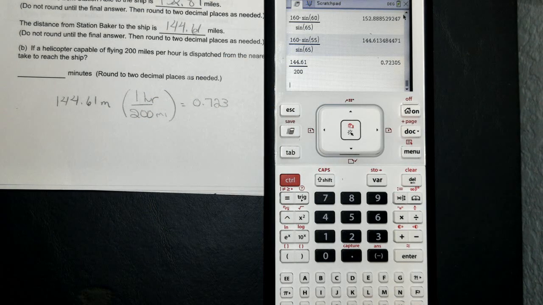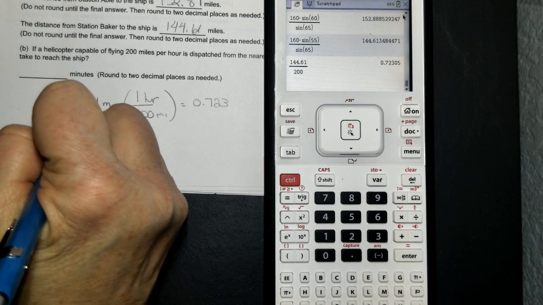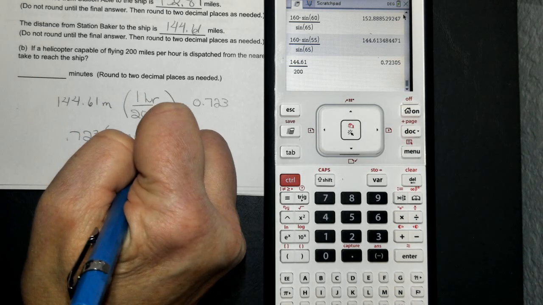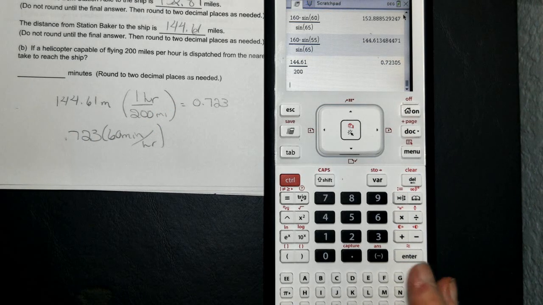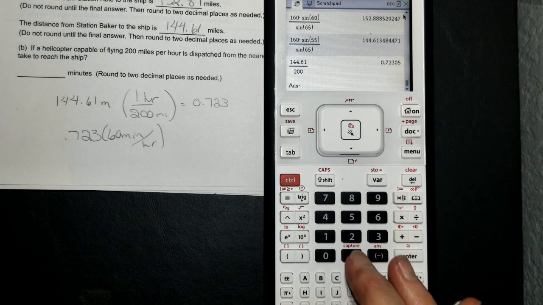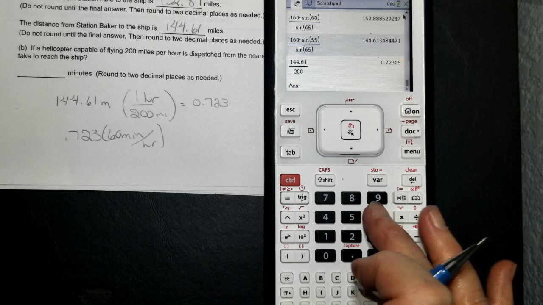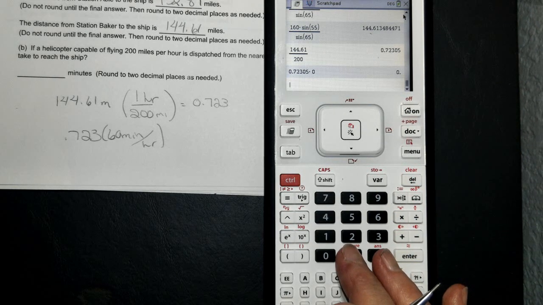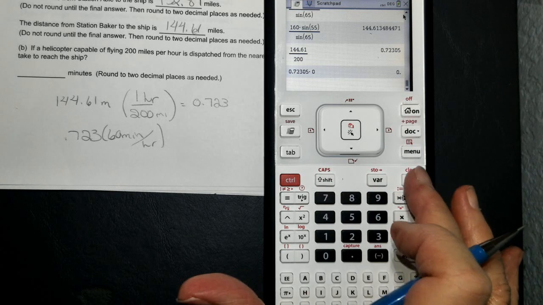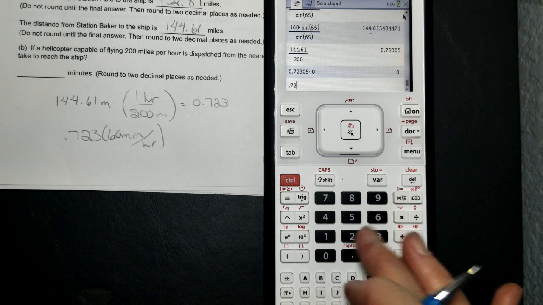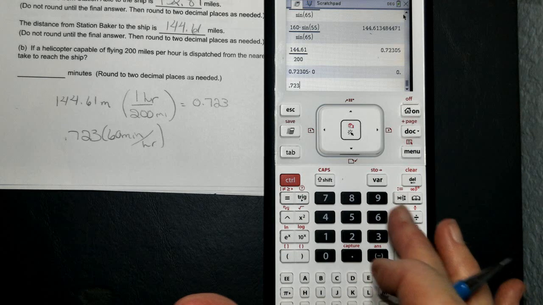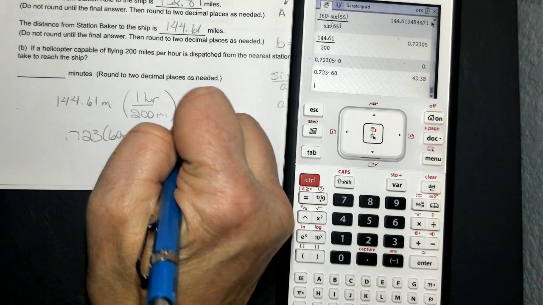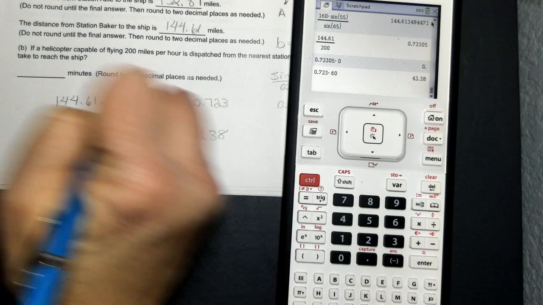So now let's multiply that by 60 minutes per hour. 0.723 times 60 gives 43.38 minutes.